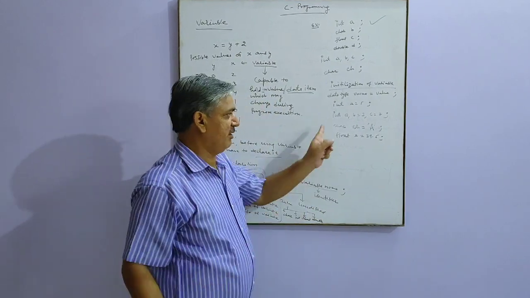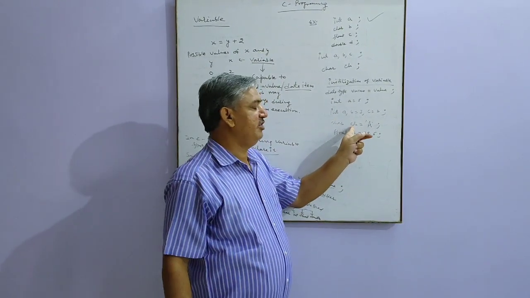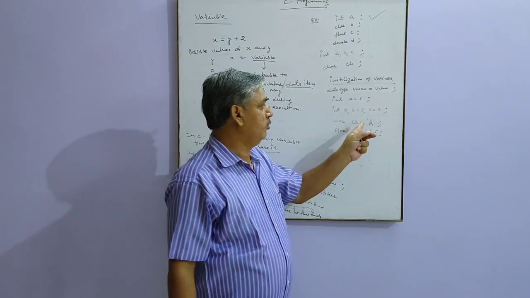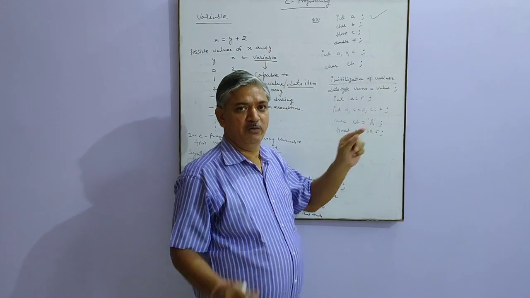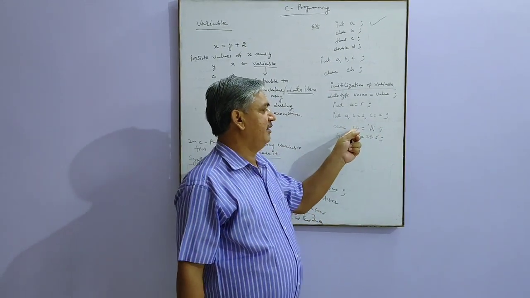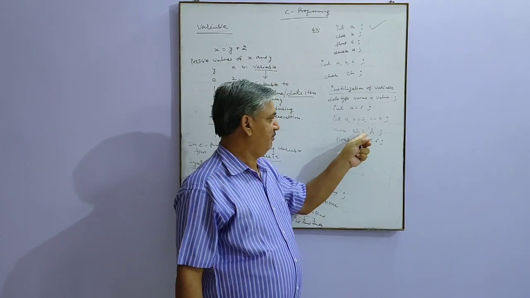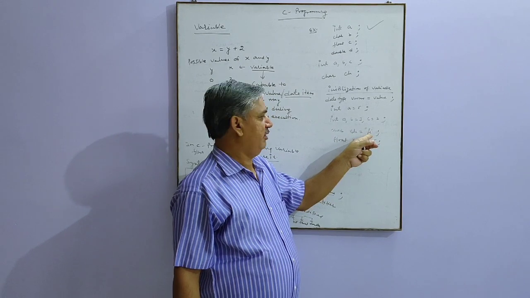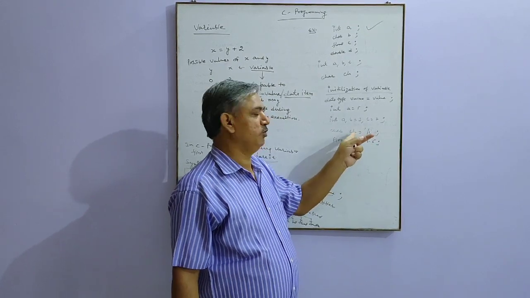Now remember one thing. When we initialize a character type variable, use single quotes. Put the value in single quotes. It means char CH is the name of the variable, then the assignment operator, and suppose we want to assign capital A to this CH.